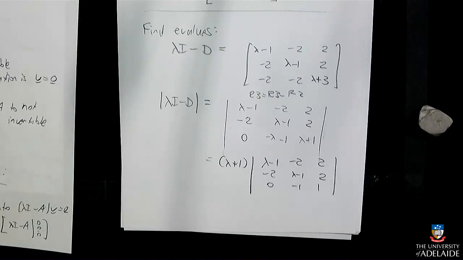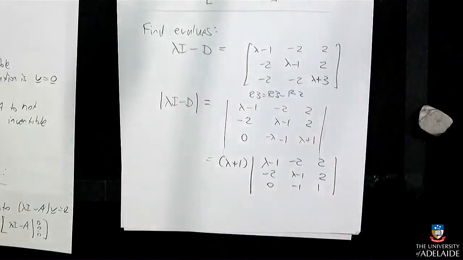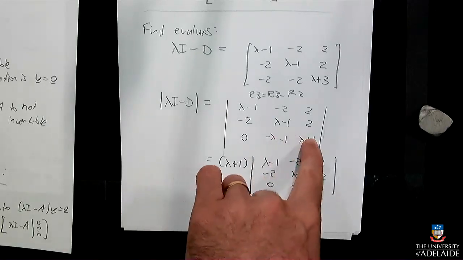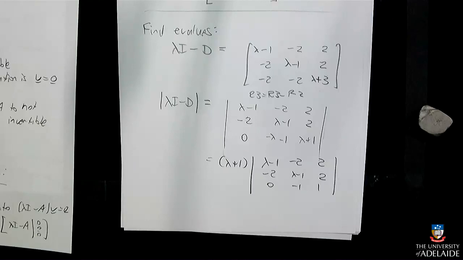This is a determinant magic trick. So if I saw a whole row of 2's, I could bring a 2 out of the determinant. But I saw a row with some lambda plus 1's, so this is minus lambda plus 1, and this is lambda plus 1, so I can pull them out. That might make my determinant much easier to do.